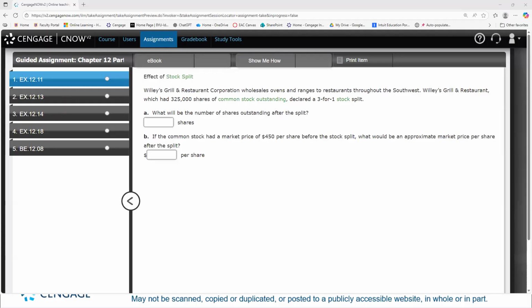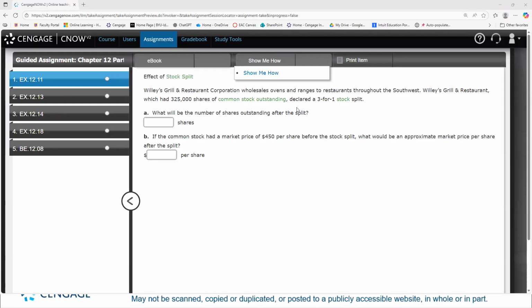All right. So Willie's Grill, Wiley's Grill, I don't know, maybe it's Willie. Their grill and restaurant corporation wholesales ovens and ranges to restaurants throughout the Southwest. Willie's Grill and Restaurant, which had 325,000 shares of common stock outstanding, declared a 3-for-1 stock split.